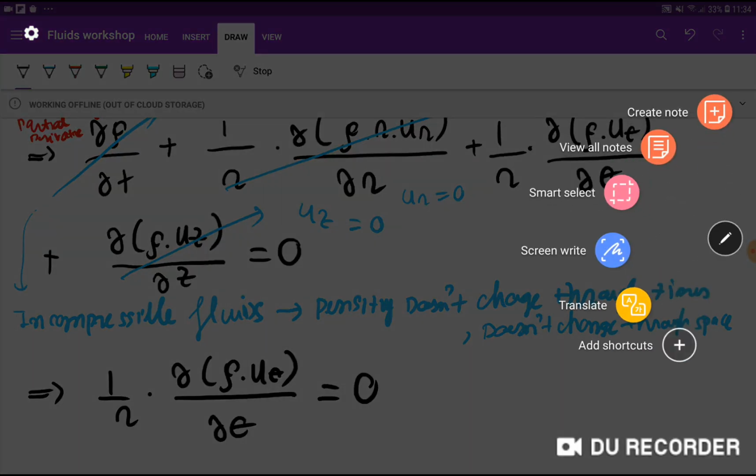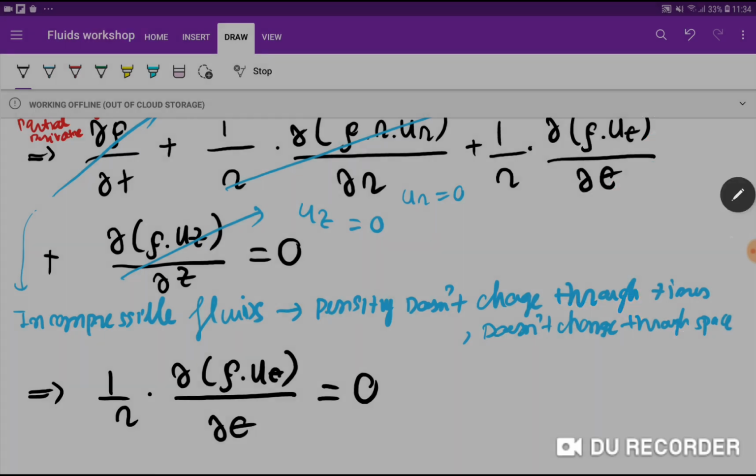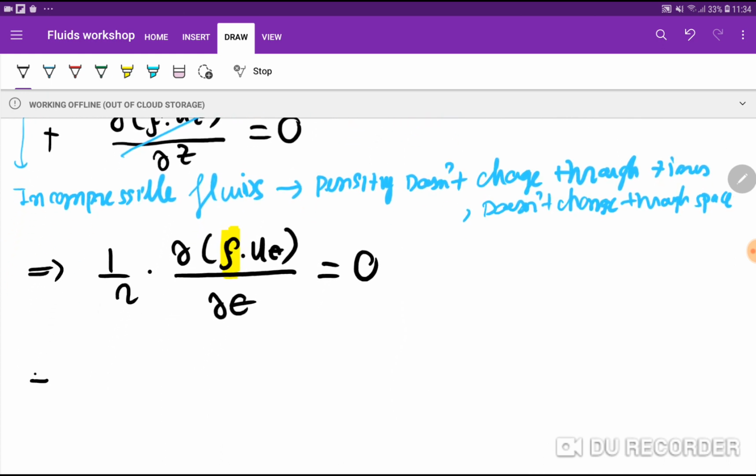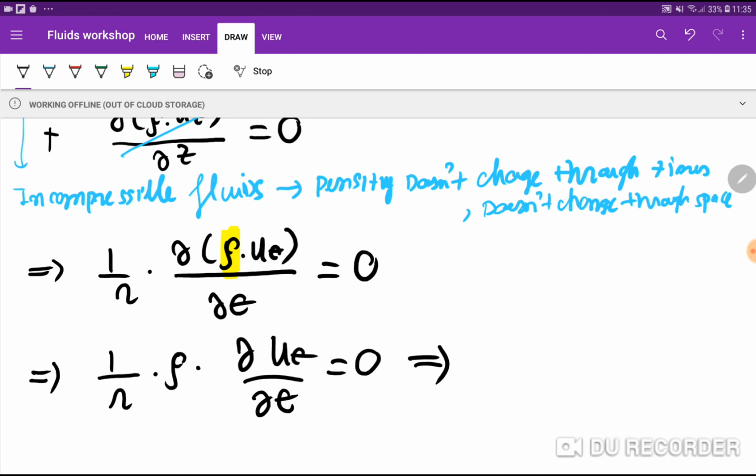So this rho right here, I will highlight it, you can treat it as a constant because it doesn't depend on space. So you can write 1 over r times rho times the partial of u_theta over partial theta equals 0. If you cancel both sides, you can say that the partial of u_theta over partial theta equals 0.